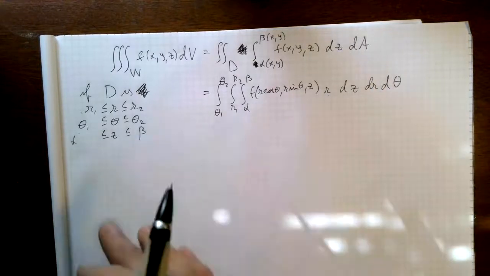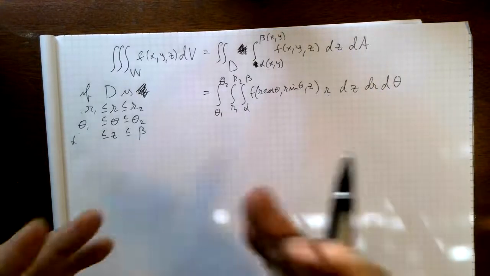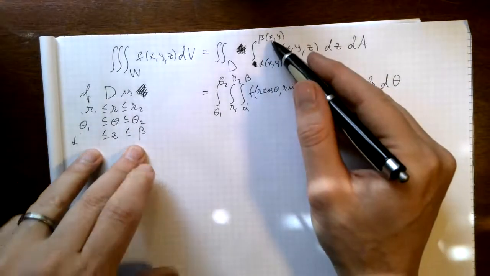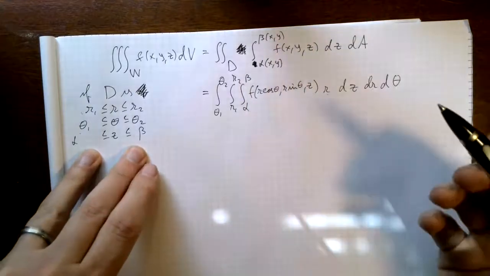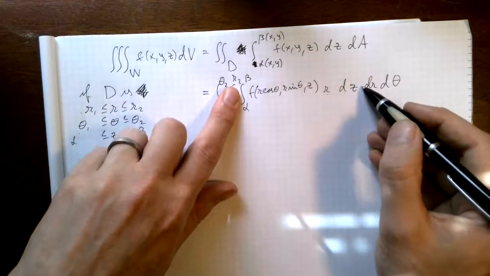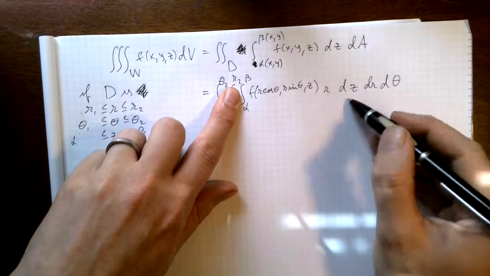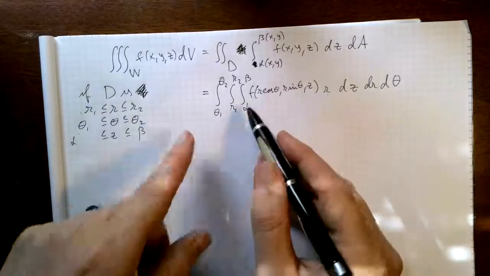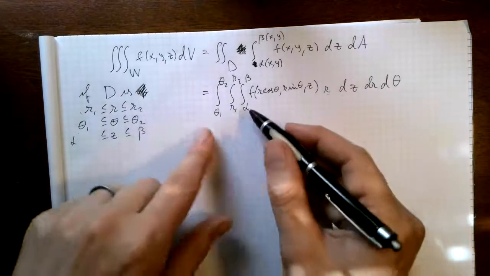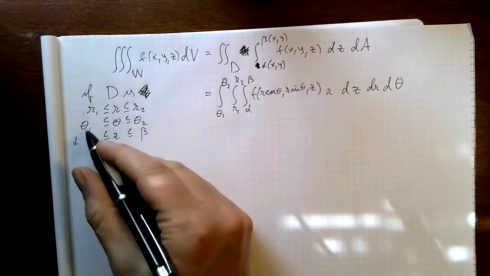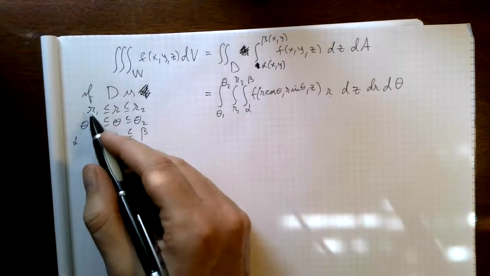And you can again do this in various orders. So if alpha and beta were really depending on x and y, or r and theta, then you'd have to do that all the way inside, right? Just like we did over here, you'd have the dz all the way inside. Now, if all of these are constants, then you can swap these two. But you might have also maybe theta dependent on r, or maybe vice versa.